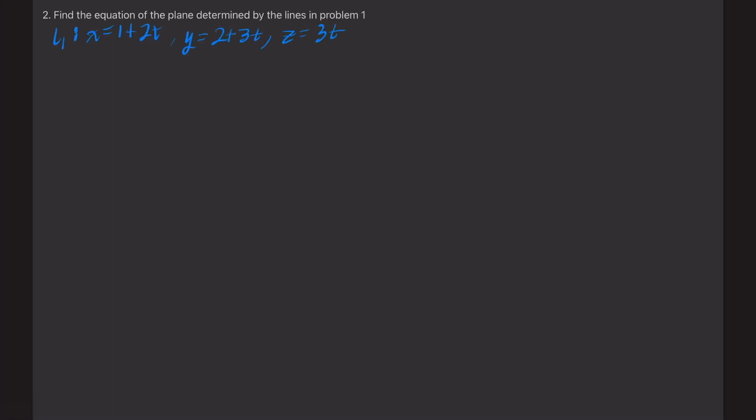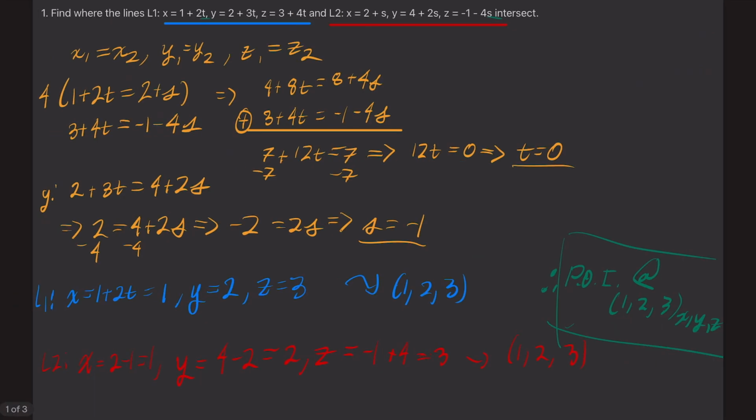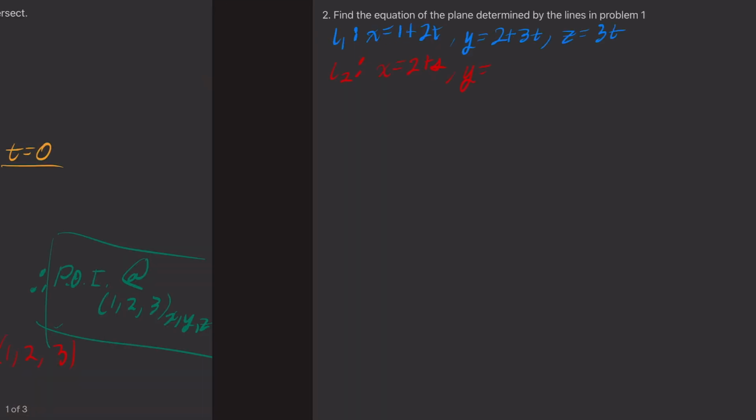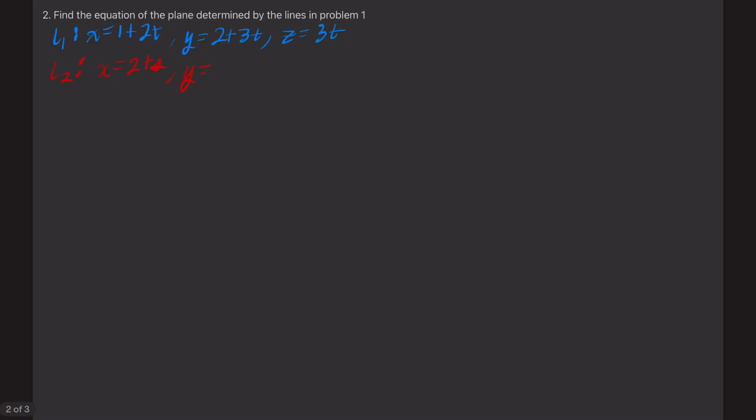And then line 2 is given by the equations x equals 2 plus s, y equals 4 plus 2s.